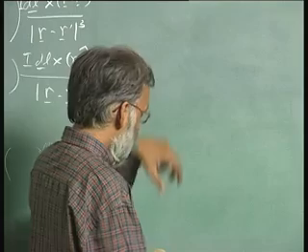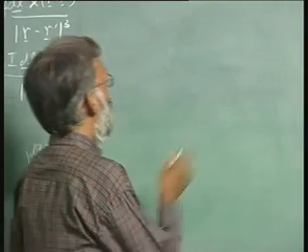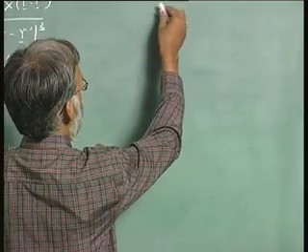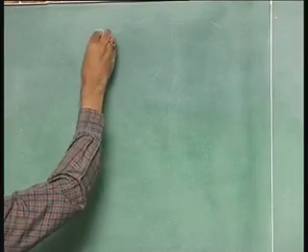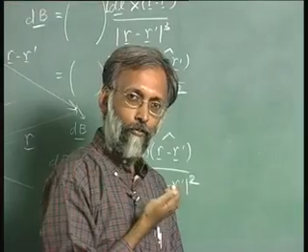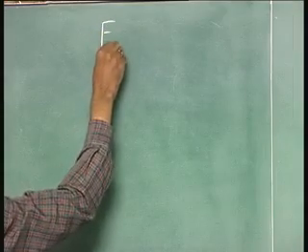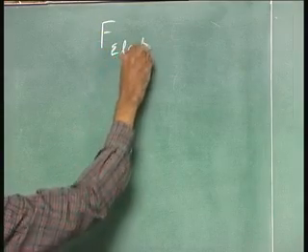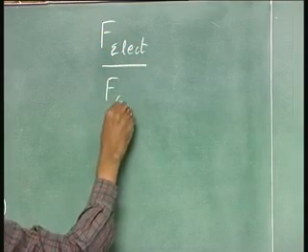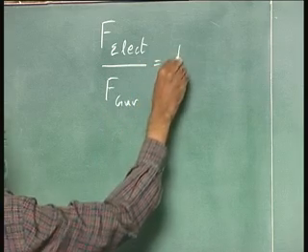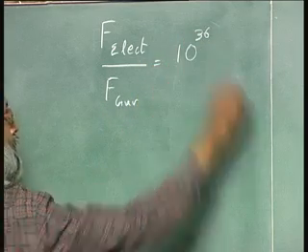Well, I will have to take you back to the beginning of our courses. If you remember, I compared the strength of the electric force and the gravitational force, and I told you that the force due to electricity divided by the force due to gravitation was 10 to the power of 36.